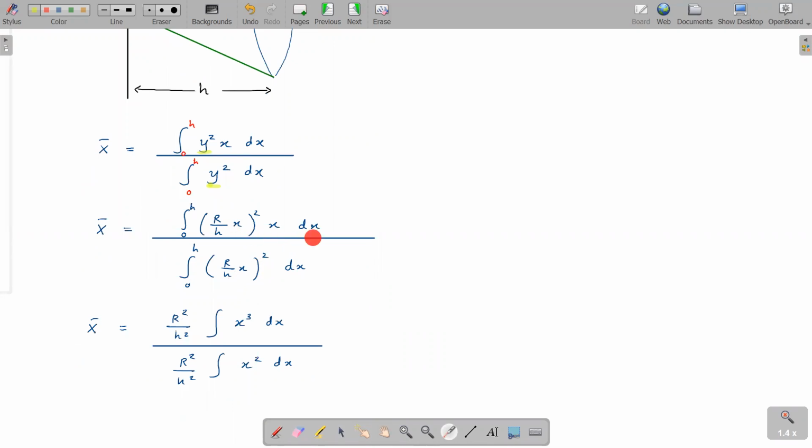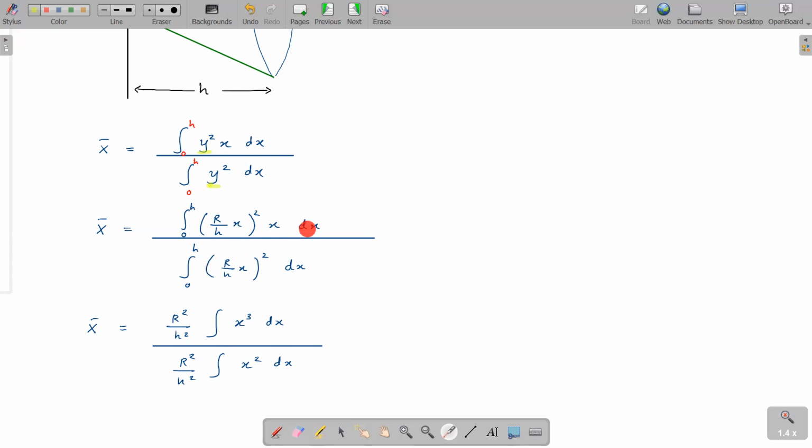And guys, the integration is happening with respect to x, right? Which means any other term, r and h, are all going to be constant. So x is the variable, right? So you can bring r square and h square out of the integration sign, from both the numerator and the denominator.